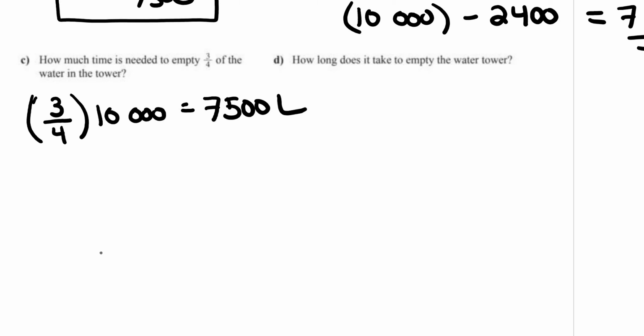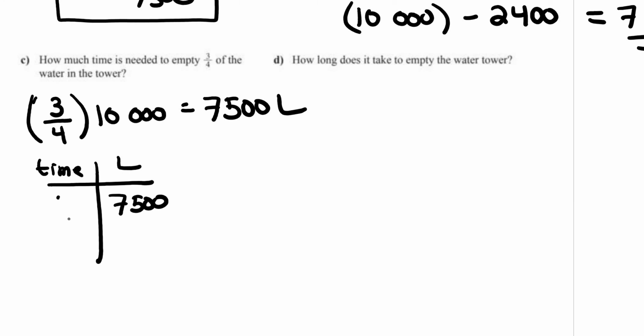So the question is, how much time will it take for the amount of water to get down to 7,500 liters, which represents 3/4 of the amount of water in the tower?